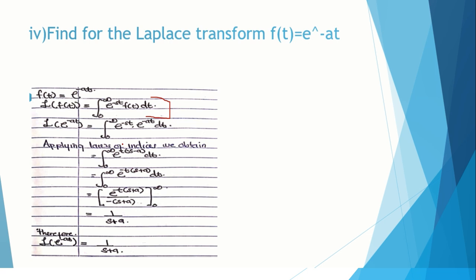So as we punch in the values, then we integrate normally, and we are going to see that the Laplace transform of e to the minus at is always equal to 1 over s plus a as our final answer, as our identity.